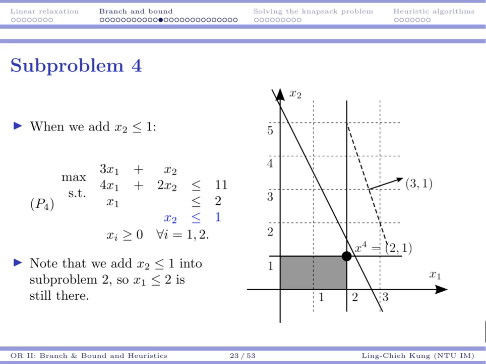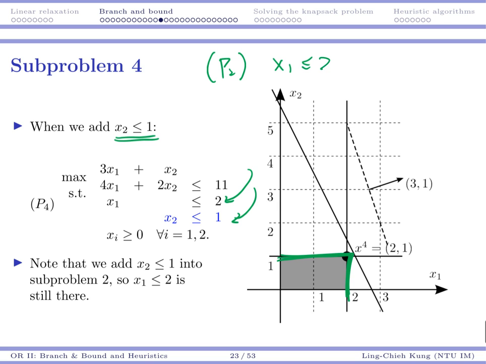Okay? So once we add x2 less than or equal to 1, we get our feasible region here. Don't forget that this is the result of adding two constraints. Previously, at P2, we already have the constraint x1 less than or equal to 2.